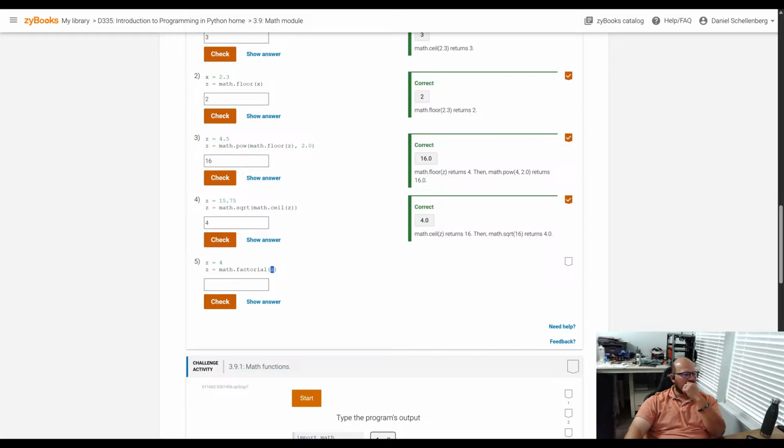So it's saying if you input the argument 4, which is z, you start with 4 and multiply it by every whole number down to 1. So factorial 4 equals 4 times 3 times 2 times 1. So 4 times 3 is 12, and then 12 times 2 is 24, and then 24 times 1 is 24.